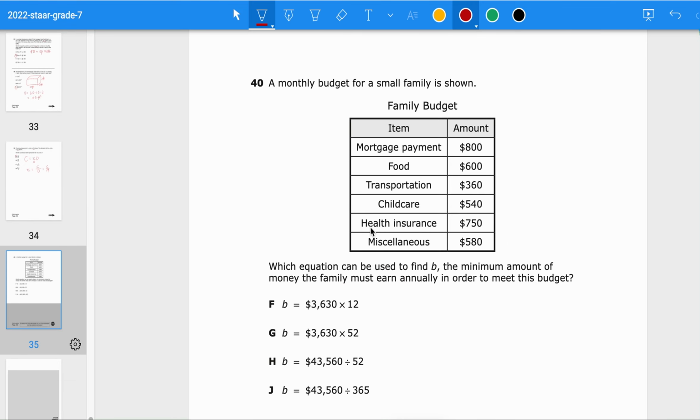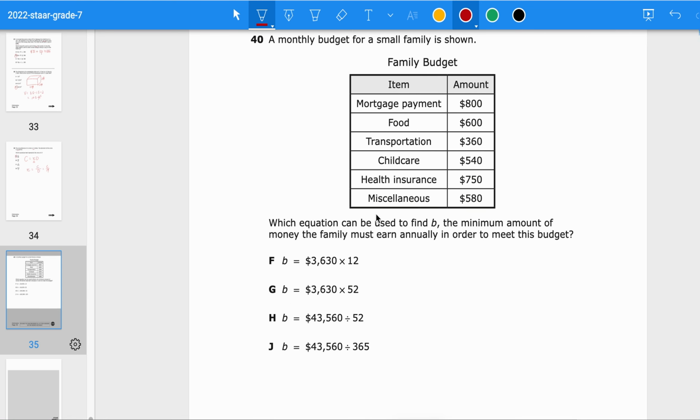Number 40 says a monthly budget for a small family is here. Which equation can be used to find B, the minimum amount of money the family must earn annually in order to meet this budget? So what is the total budget of this family on a monthly basis? We need to add up all these numbers together.